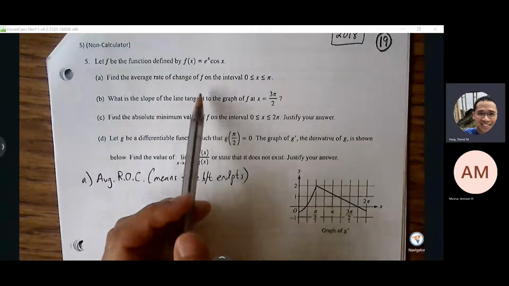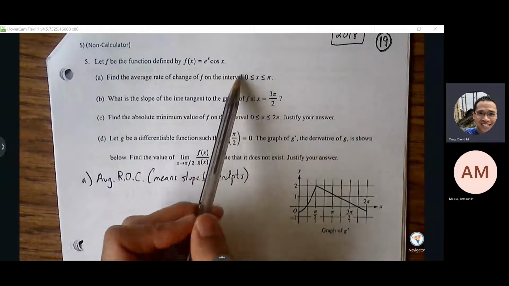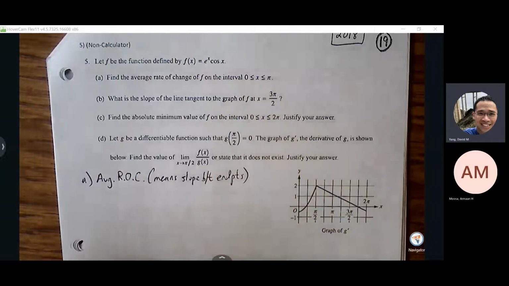Okay, so no derivative here. We are literally just going to do change in y over change in x between those endpoints. So I'll find f of 0, I'll find f of pi, and then just subtract those y values from each other.